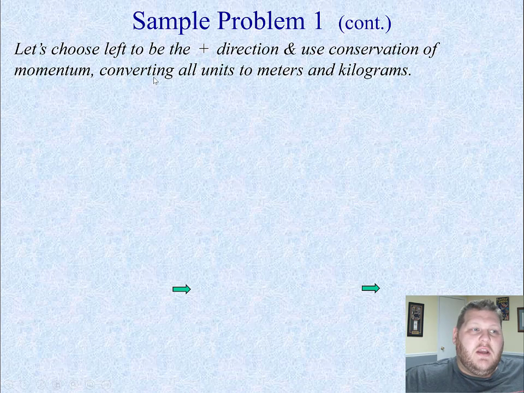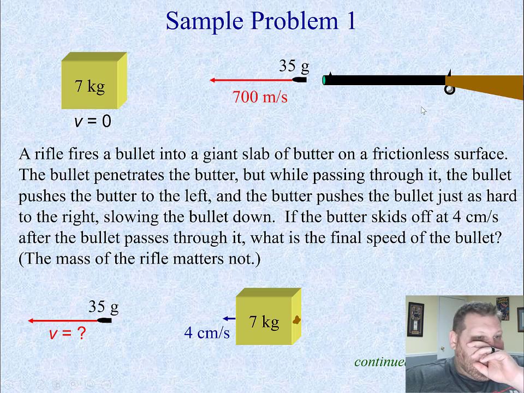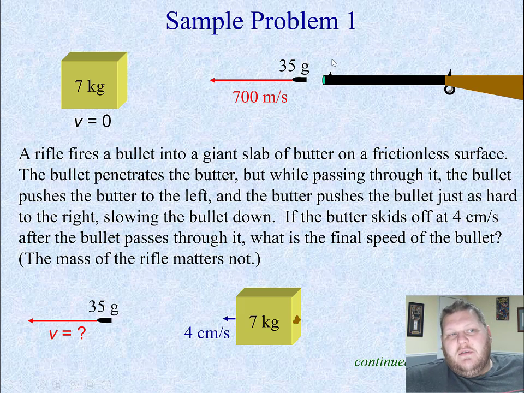And then we're going to use our conservation of momentum, converting all units into meters and kilograms. Some things we have to be careful of, again, with our given information: the mass of our bullet was given in grams, and our standard unit for mass is kilograms.